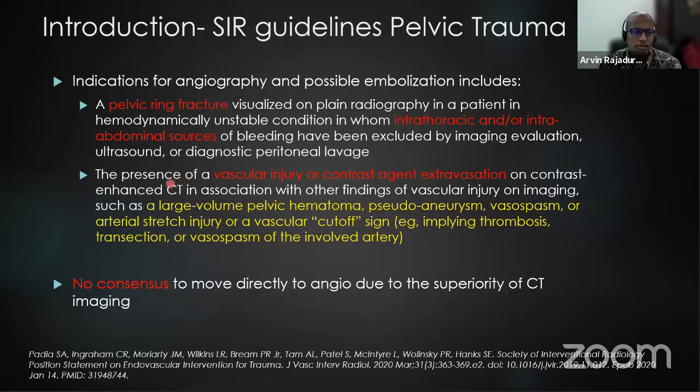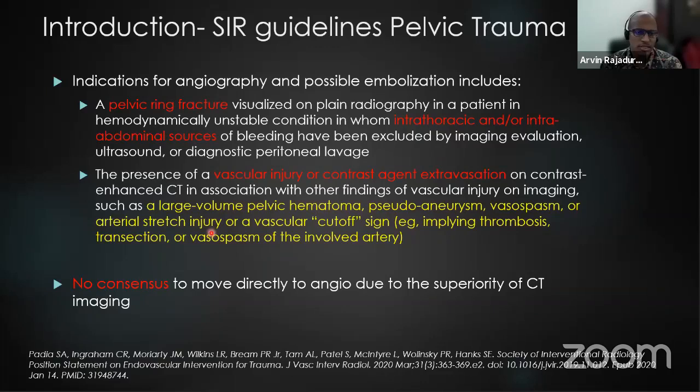And of course, secondly is any vascular injury or contrast agent extravasation that you see on the CT scan, all right? And you can see multiple different types of findings when you're looking at pelvic trauma. You can see active contrast extravasation, or they can look in different manners. Some can have a pseudoaneurysm, there can be vasospasm or arterial stretch injury, or a vascular cutoff sign.